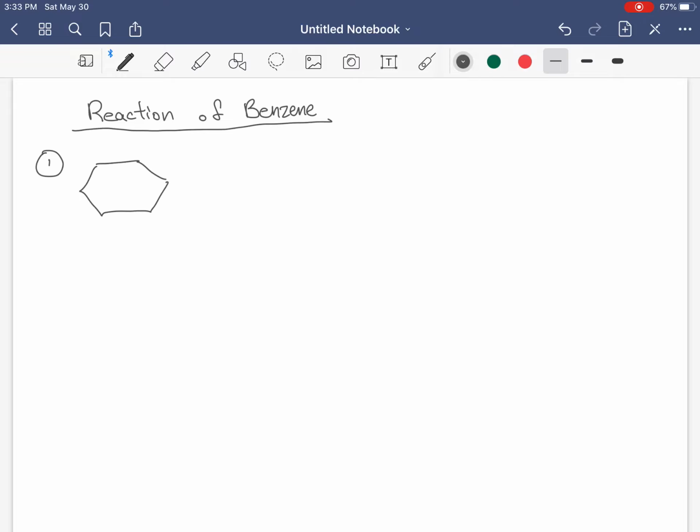I have a benzene. Now, what you need to remember is that for benzene, each carbon is connected to one hydrogen. We hardly illustrate that, but you get to know that it's there. If I react this with a halogen, like bromine gas, what am I going to get?